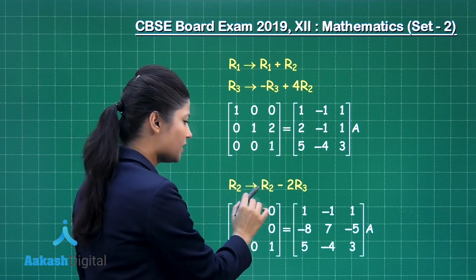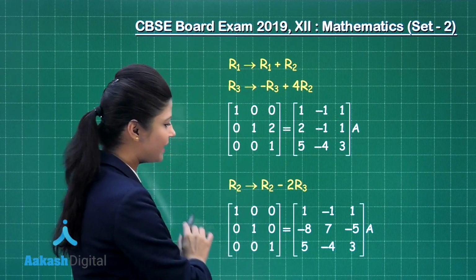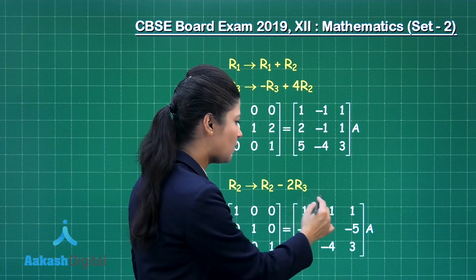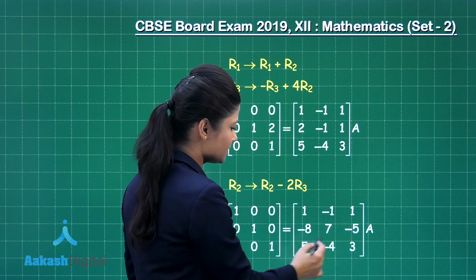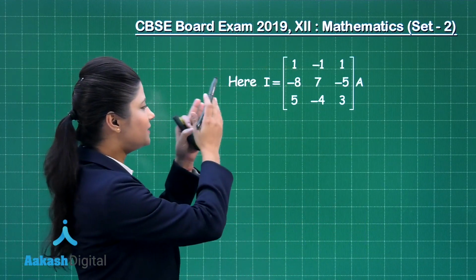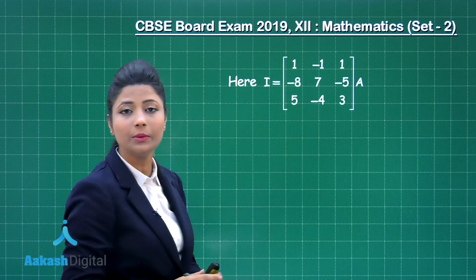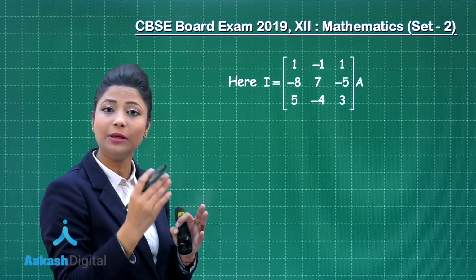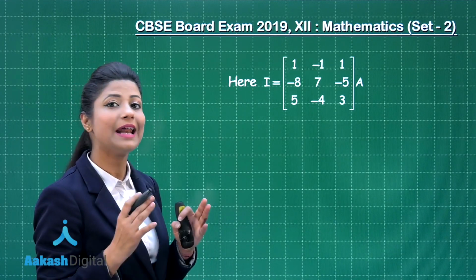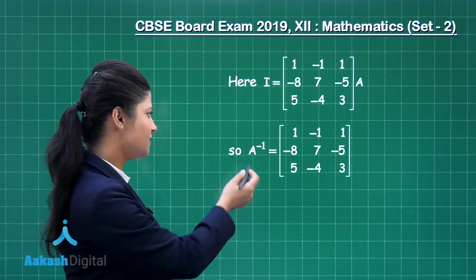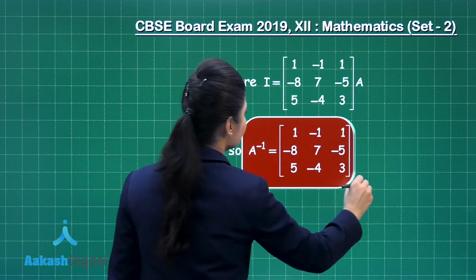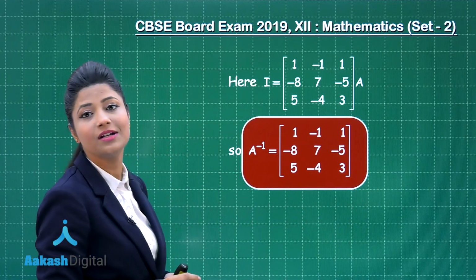So from R2 I subtract twice of R3, which gives me an identity matrix on the left hand side, and on right hand side I have this matrix containing 1 -1 1, -8 7 -5, 5 -4 and 3 into this matrix A. So here this is I equal to this matrix into A, and you know that if I have A and B two matrices where A into B is equal to I, moreover B into A is equal to I, that means B is inverse of A. So I get here inverse of A as this matrix. So here this is the required inverse which we have obtained through various elementary transformations.